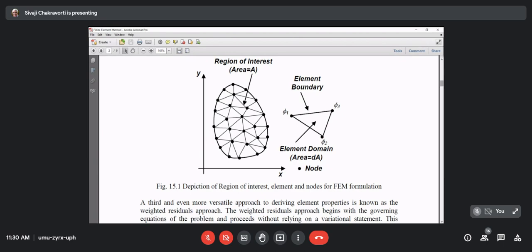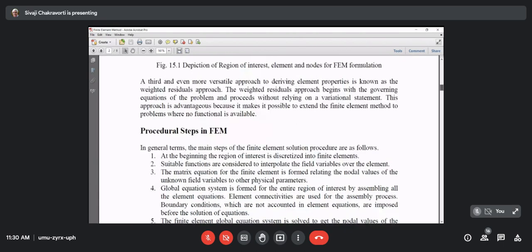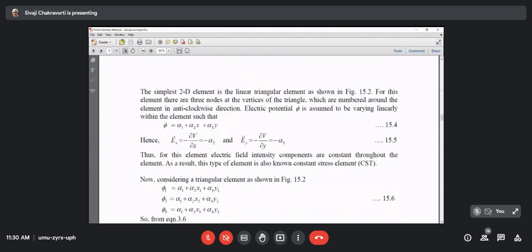What we are writing here is equation 15.4, we are saying that phi is a linear equation which is varying with x and y over the entire element domain.